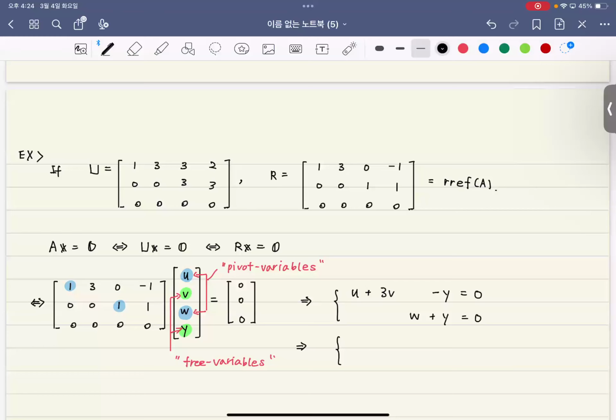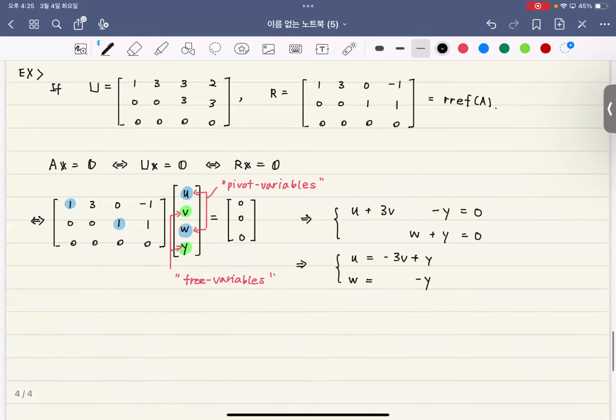Solving these equations for the pivot variables is going to be very easy because of the construction of the reduced row echelon matrix. These entries are guaranteed to be 1, right? So all you have to do is just send these two guys to the other side, right? This is how you solve this equation for the pivot variables. And by doing so, I can write every single pivot variable in terms of the free variables, just like this. Okay. These are all basic elementary algebra.